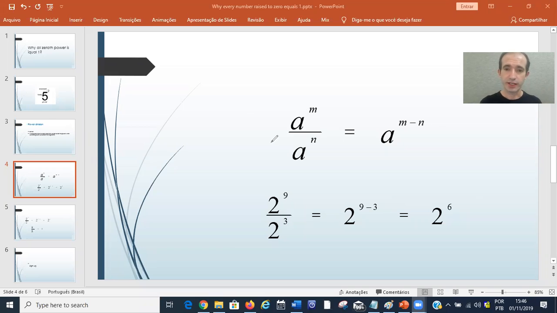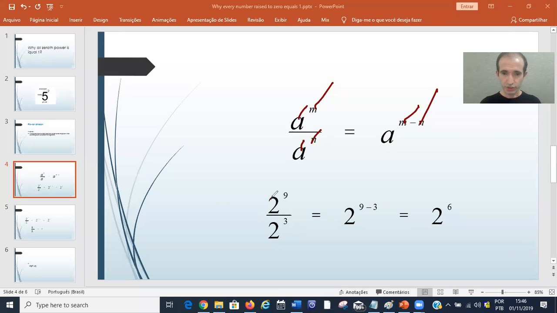You can see right over here the base a to the m power divided by a to the n power. You can solve this division by subtracting the exponents, m minus n, right? It's a generic example, but right over here you have another example with numbers.